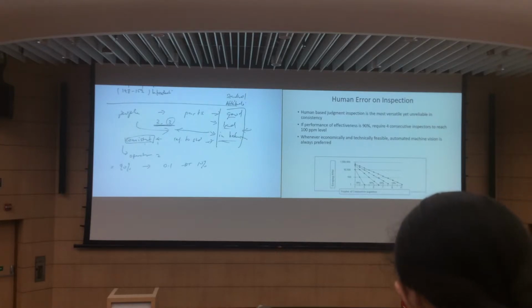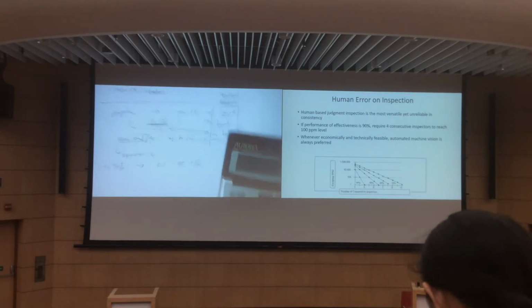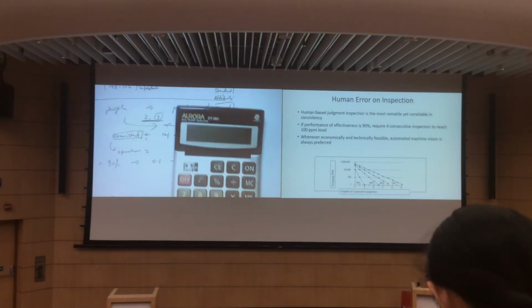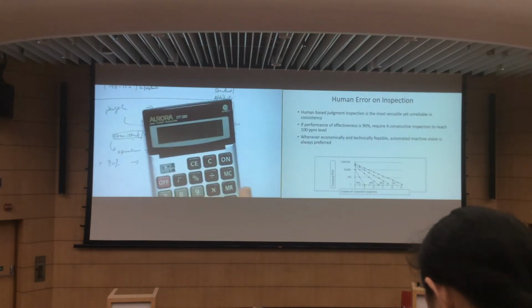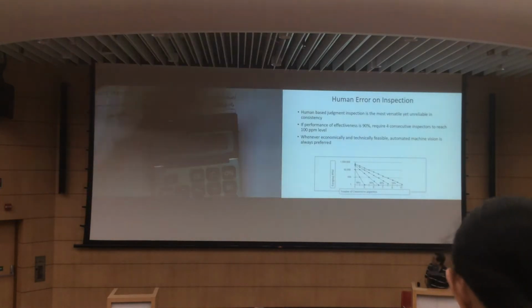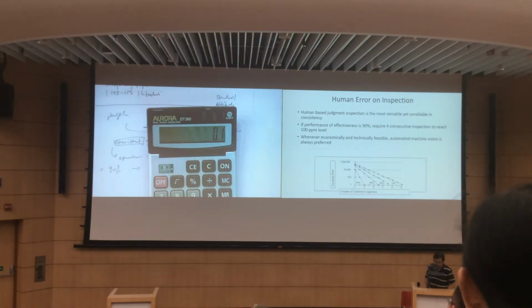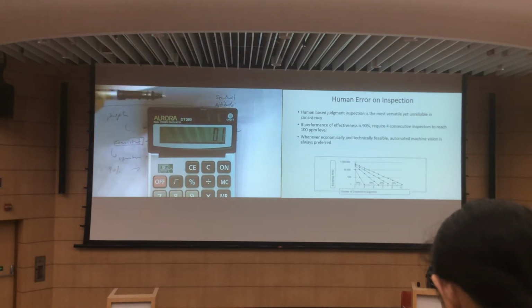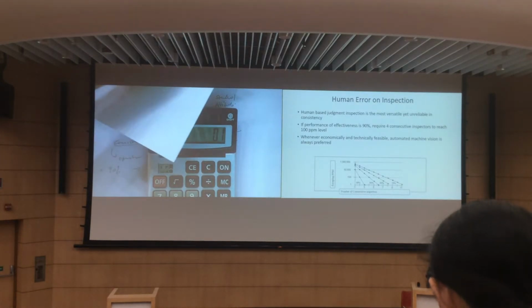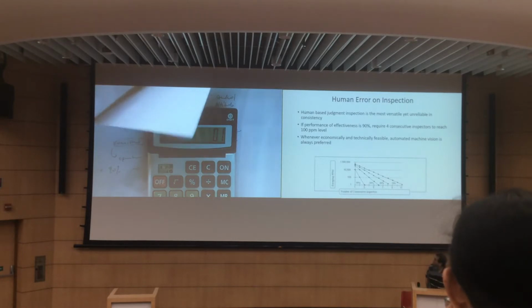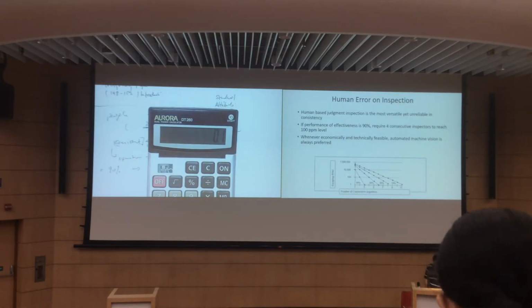So, if you want 100 ppm performance, what do you do? I have 0.1, right?